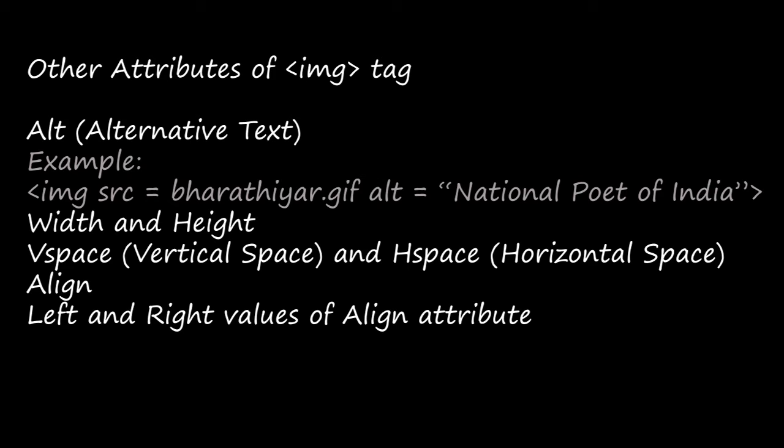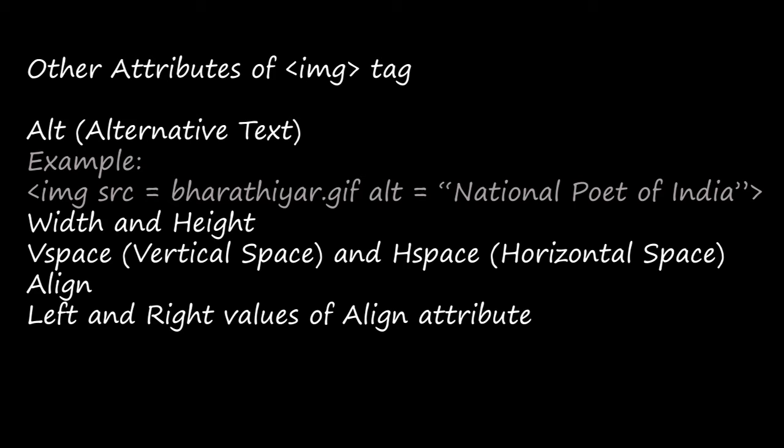If you mention the width and height attributes, the image will display in the width and height you give, in pixels or percentage. If you do not mention them, the web browser will display the image in its original size itself.